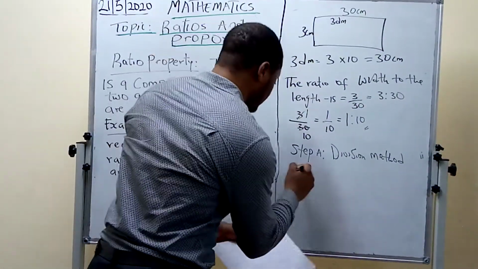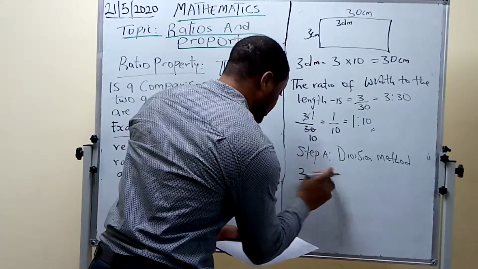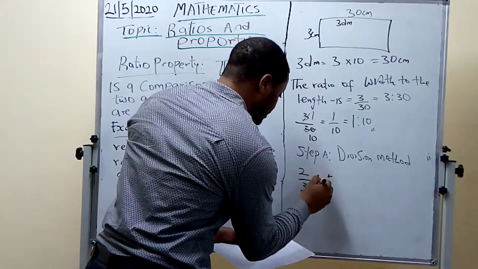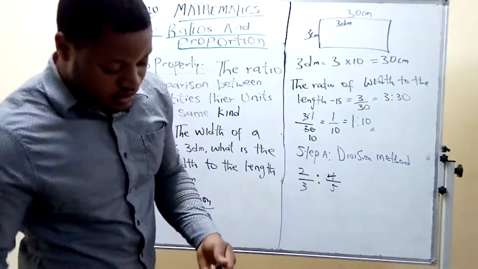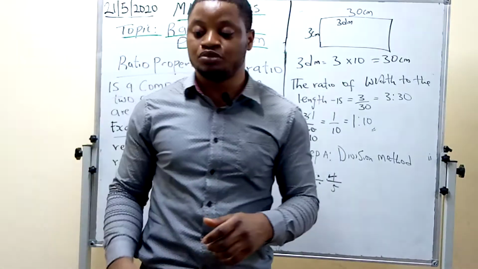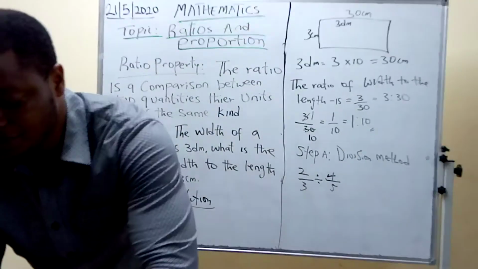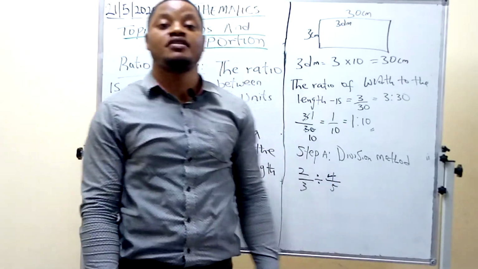Now, you are given an example: 2/3 ratio 4/5. You are given this example, 2/3 divided by 4/5.